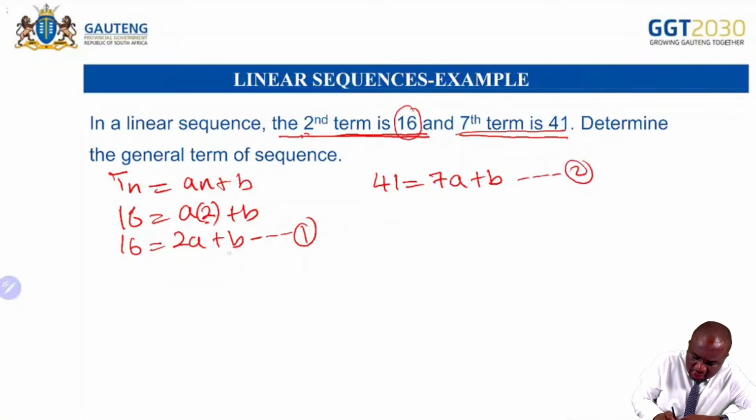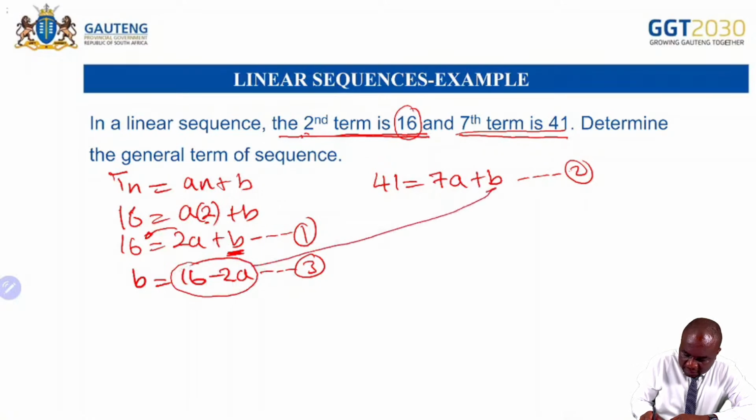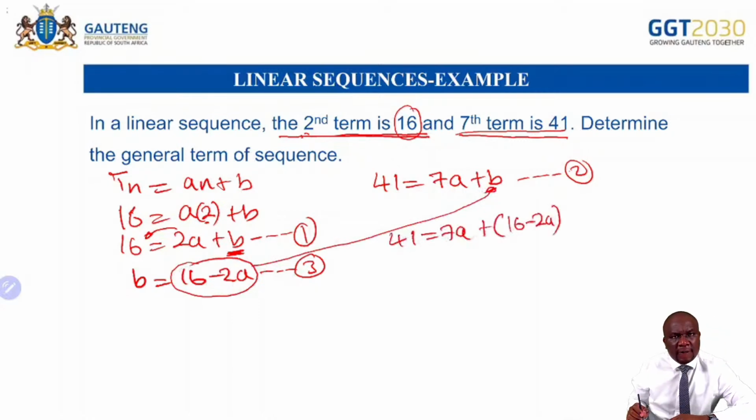Right, we can isolate B from equation 1 and create equation 3. From equation 1, we can see that B is equal to 16 minus 2A. Just call this one equation 3. Then you take this and put it where there's B in equation 2.